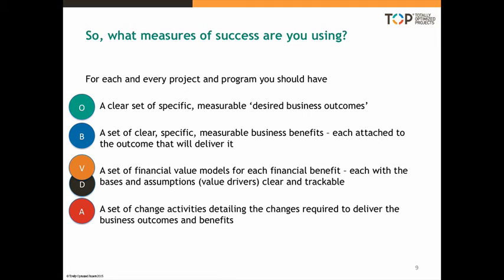You also need a clear set of specific, measurable business benefits, not a laundry list of favourable comments, but specifically defined benefits, each attached to the outcome that will deliver it. And that's important because when you attach benefits to the outcomes, by managing the delivery of the outcomes, you're automatically managing the delivery of the benefits. That simplifies benefits management significantly.